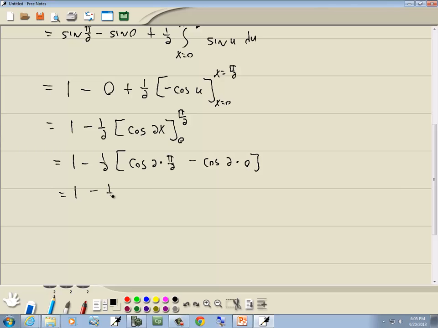So 1 minus 1/2. I've got cosine of pi, which is negative 1, minus cosine of 0, which is 1. Negative 1 minus 1 is negative 2. Negative 1/2 times negative 2 gives me 1, so we have 1 plus 1, or 2 is our answer.